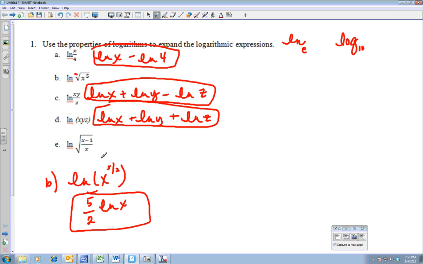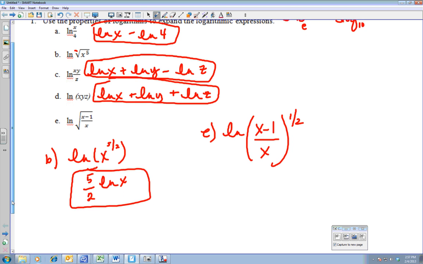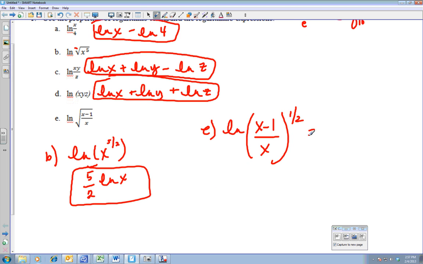Okay, part E, I'm going to write E over here. This can be rewritten as x minus 1 over x to the 1/2. There are several ways you could write this. This could also mean natural log of x minus 1 to the 1/2 over x to the 1/2.